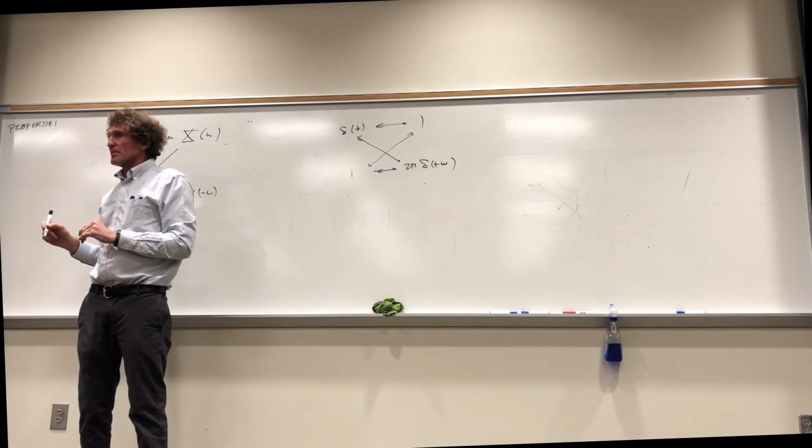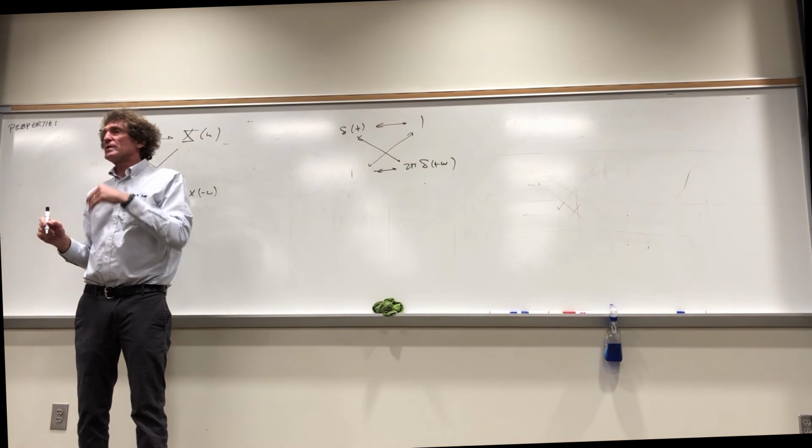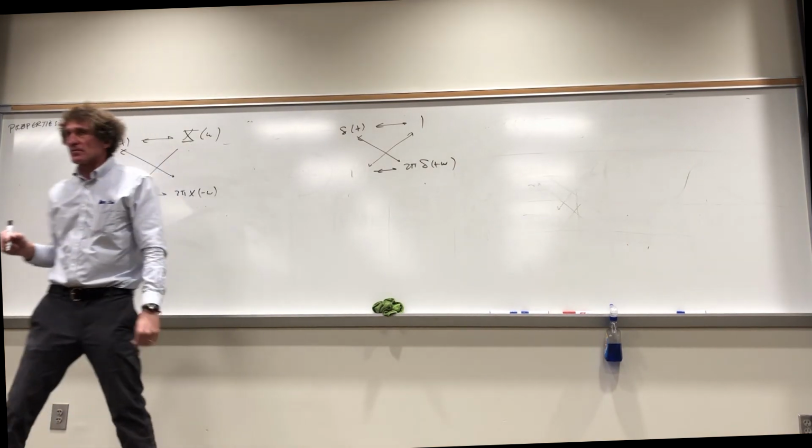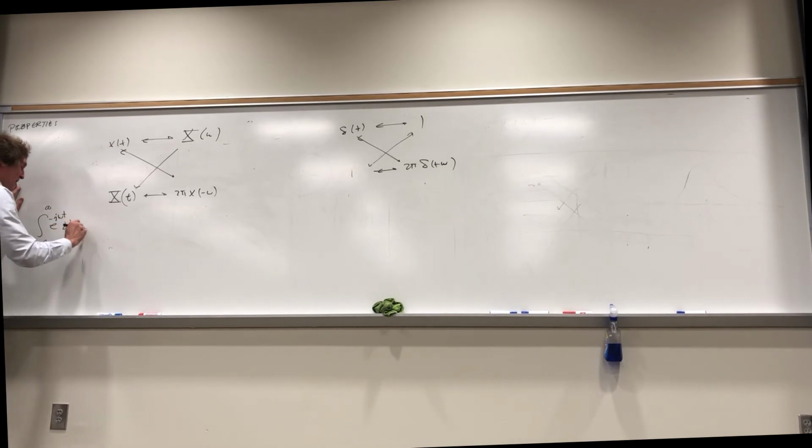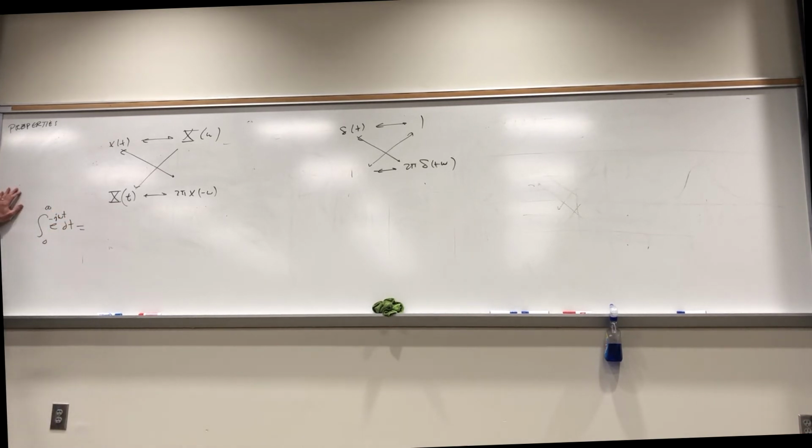Now listen carefully. The reason we can't do the Fourier transform on u of t directly, take a look at this. The Fourier transform of u of t would be the integral from 0 to infinity of 1, because it's just 1 from 0 to infinity, times e to the minus j omega t dt. Well, what's that going to be?